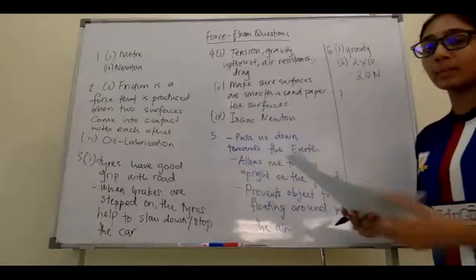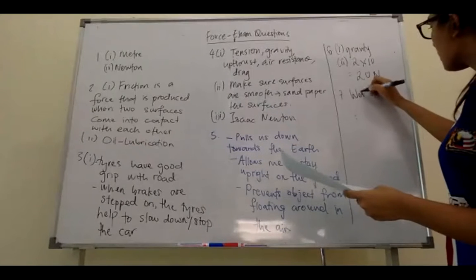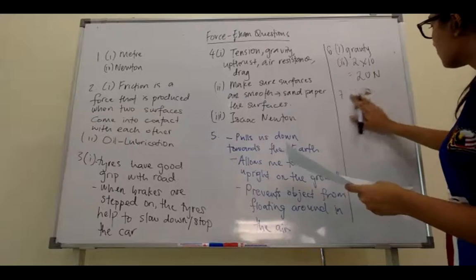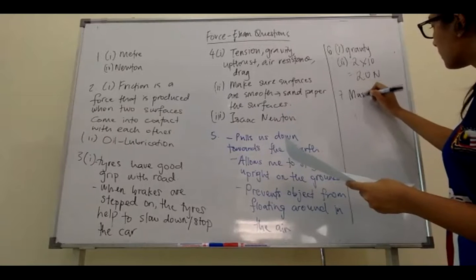Last one. Distinguish between weight and mass. Mass is the amount of matter in an object, and it is measured in kg, not grams, the SI unit.